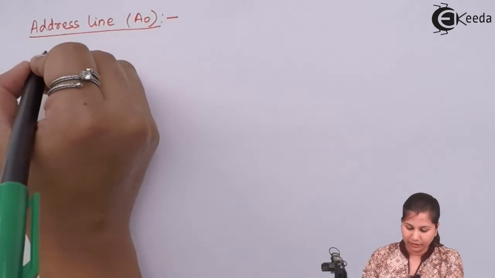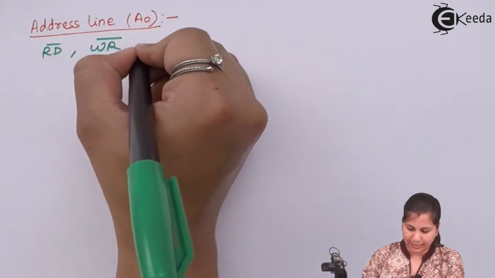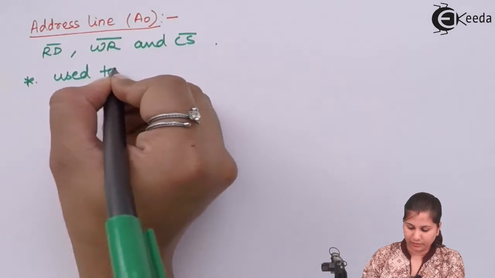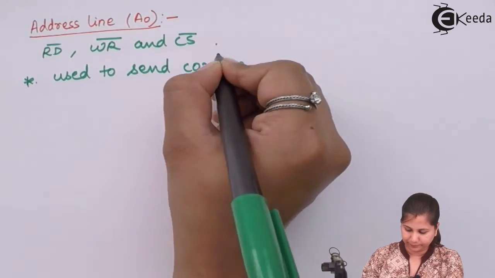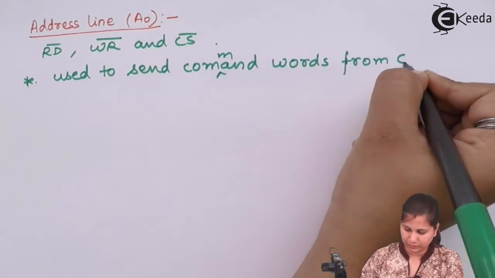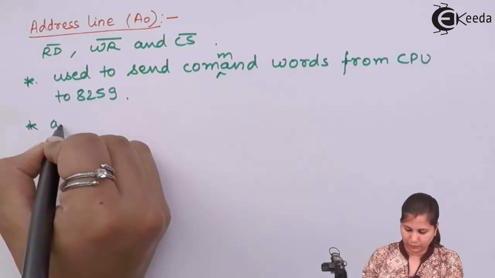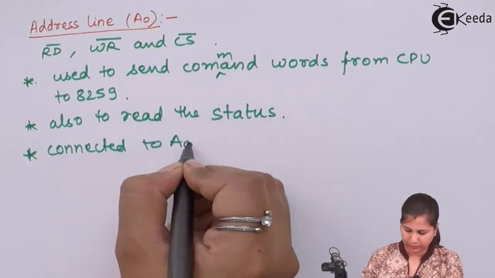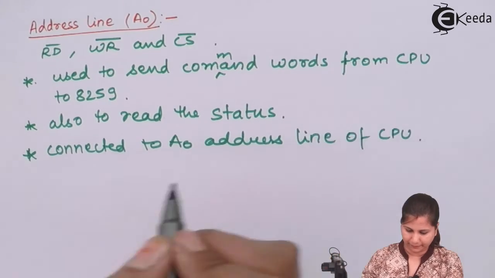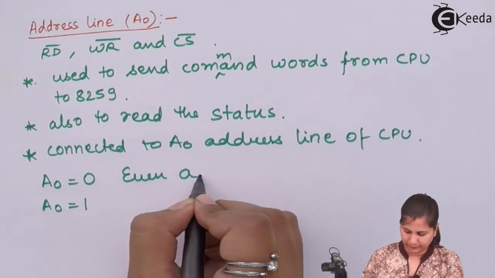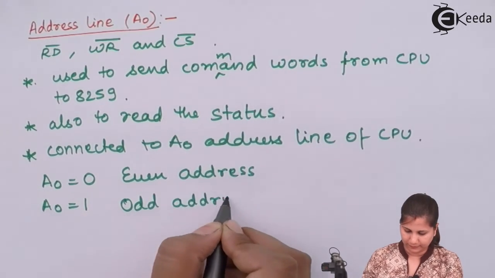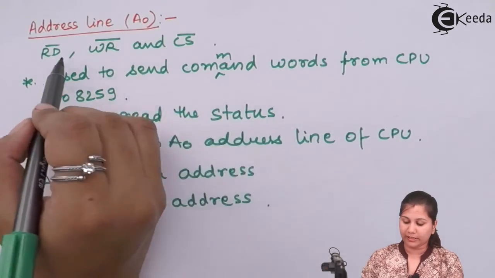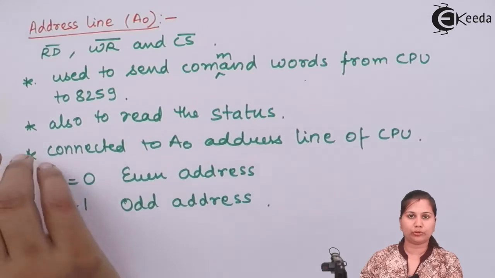So along with the read, write and chip select signals and the value of this A0 signal, these signals are used to send the command words from CPU to 8259.